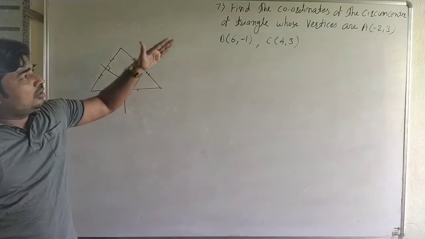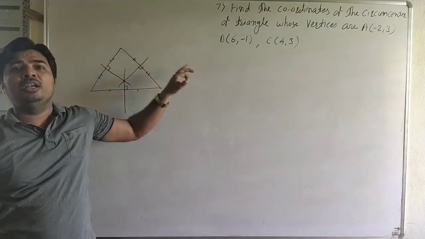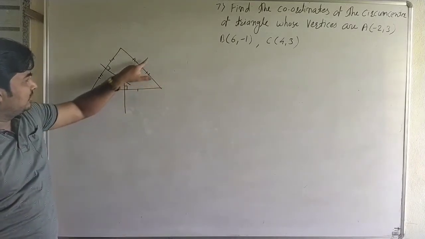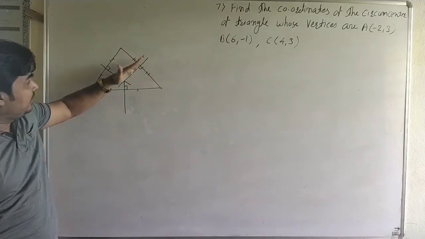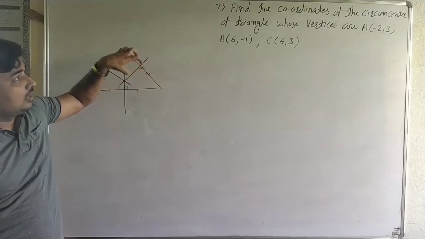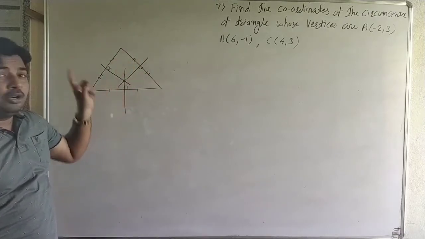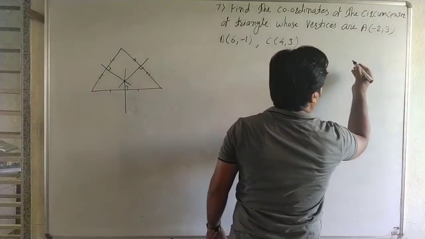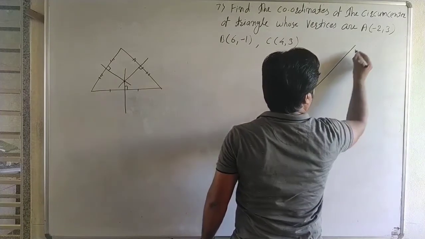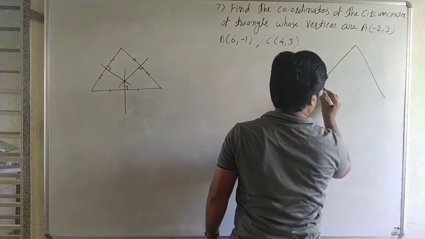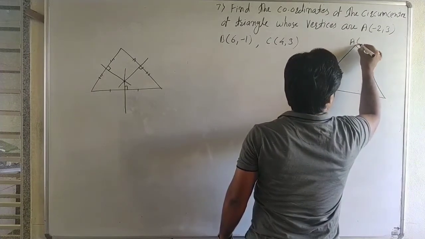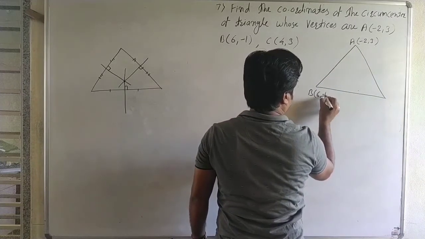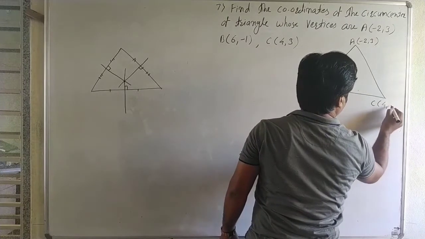So here we find the equation of any two perpendicular bisectors of the sides of the triangle, and the point of intersection of those perpendicular bisectors is the circumcenter. Here we draw a triangle, A minus 2 comma 3, B 6 comma minus 1, and C 4 comma 3.